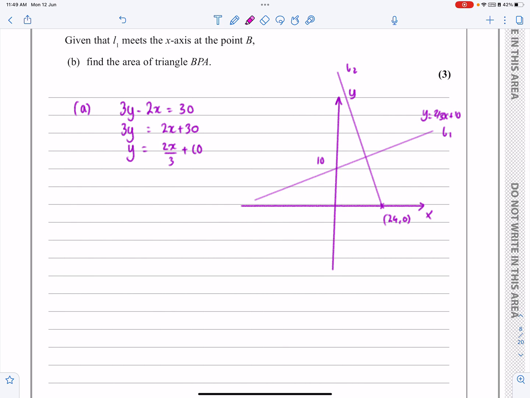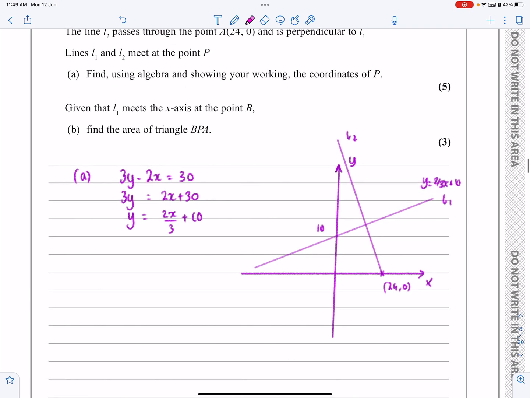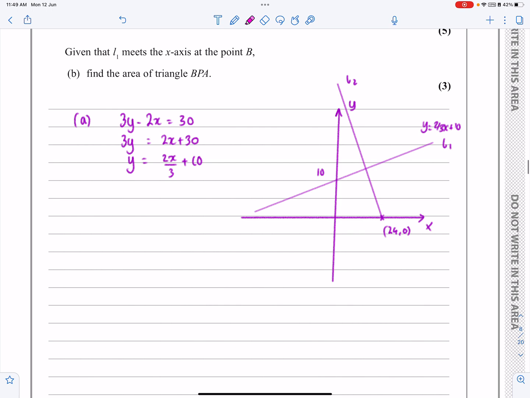So for trying to work out the equation of line L2, the first thing I can say is the gradient of L1 is 2/3. If L2 is perpendicular, then the gradient is equal to minus 1 over that.